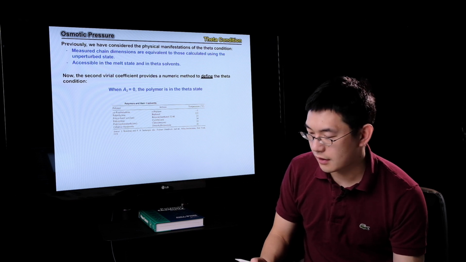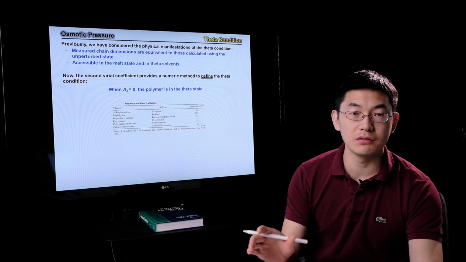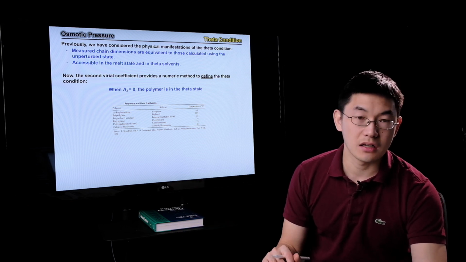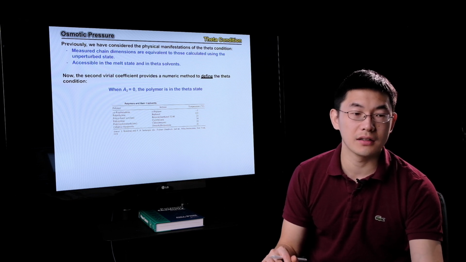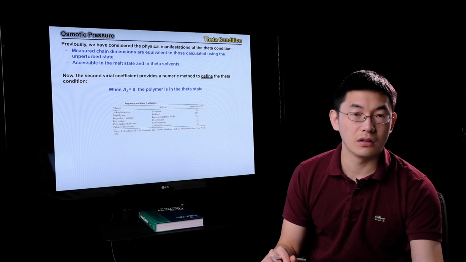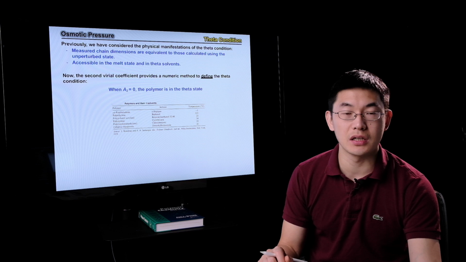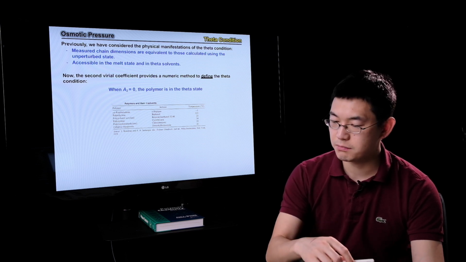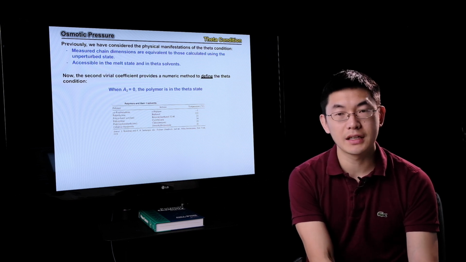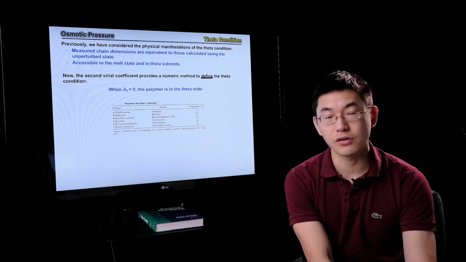And you're probably curious, what's the physical meaning if A2 is 0? That means no matter what you add, when you change the concentration, the A2 term does not change, and particularly the osmotic pressure doesn't change. That's a very special condition, as we talked about in the first chapter of the polymer physics. This is equal to the theta solvent condition.